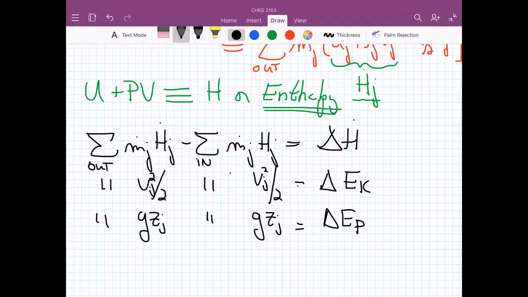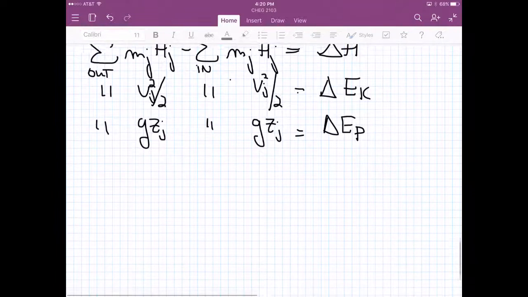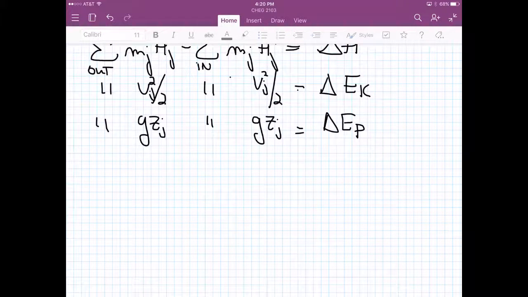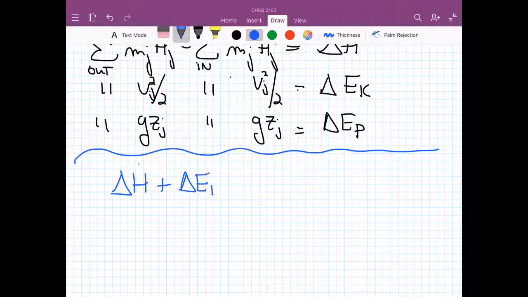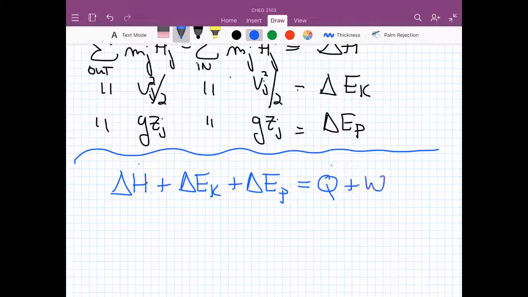So combining my definition for flow work, my definition for enthalpy, and taking into account all the streams that enter and leave, I can say that delta H plus delta E sub K plus delta E sub P is equal to Q dot plus WS. And this is general, for an open system.